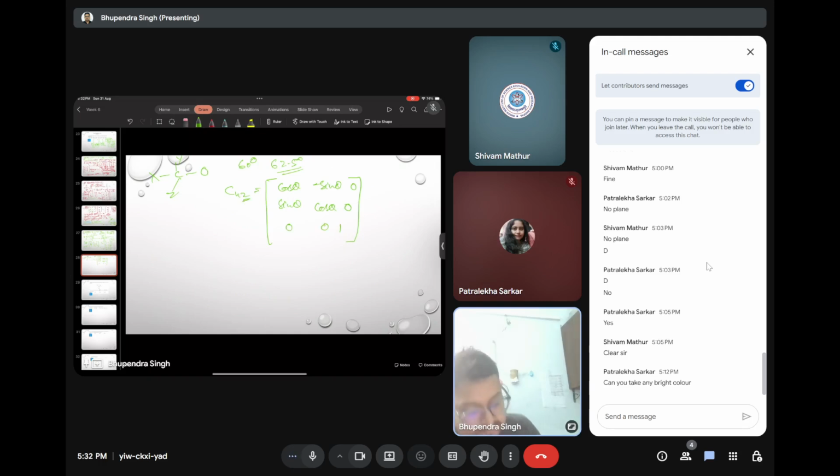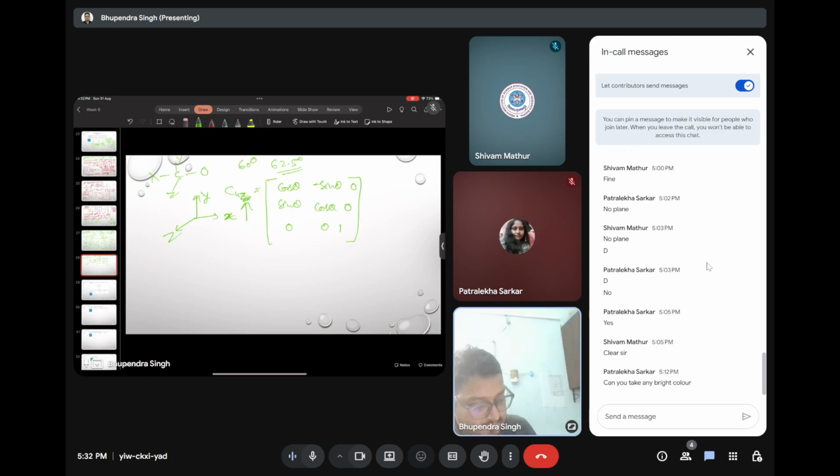Because this is z, the principal axis is z. We are rotating the molecule along the z direction.